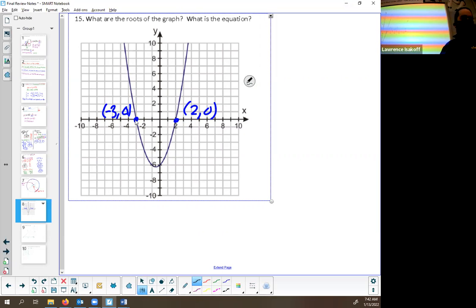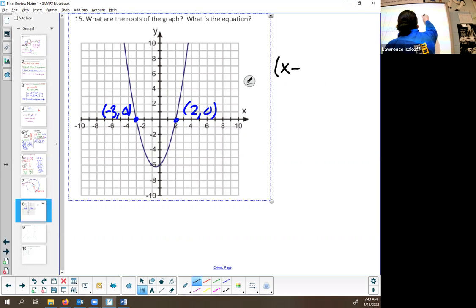Looking at grading the quadratic quizzes from before break, those of you that remembered how to do this problem, that was our biggest mistake. You would identify the zeros, and then you kept them exactly the same. We need to do the opposites here. So I'm going to have it be x +3 and then x -2.